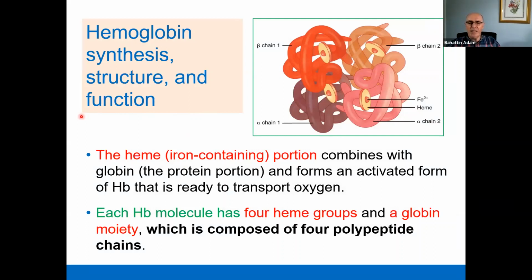As I said, heme consists of iron and porphyrin rings. Each hemoglobin molecule has 4 heme, 1, 2, 3, 4, and a globin moiety, which consists of 4 polypeptide chains.